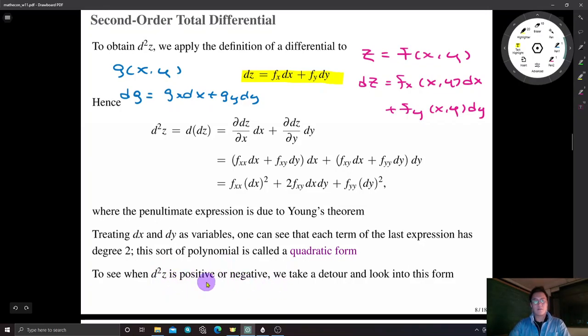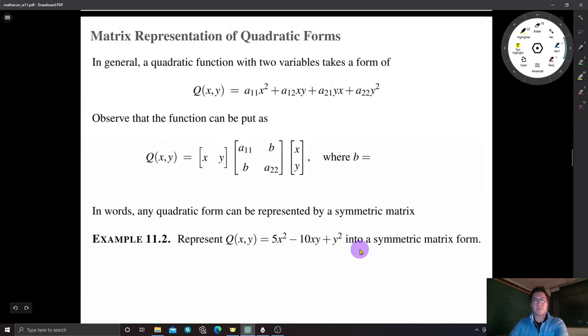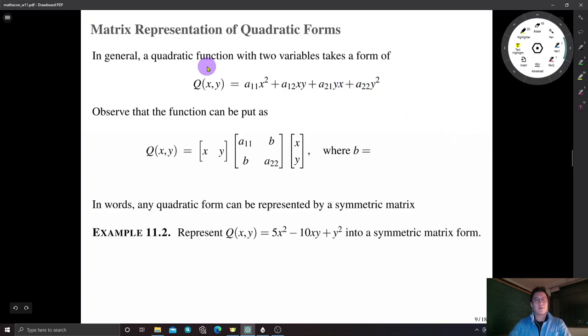Okay. So to this end, we are going to take a detour and study this quadratic form for a second. So the quadratic form looks like this. Some coefficient times x squared, another coefficient times xy, another coefficient times yx, and another coefficient times y squared.